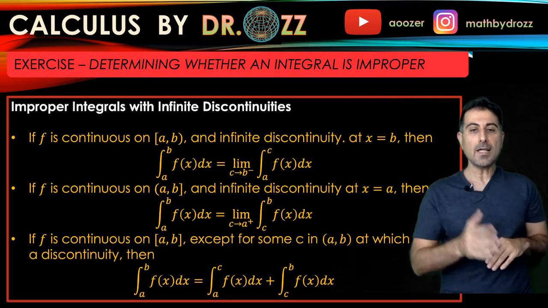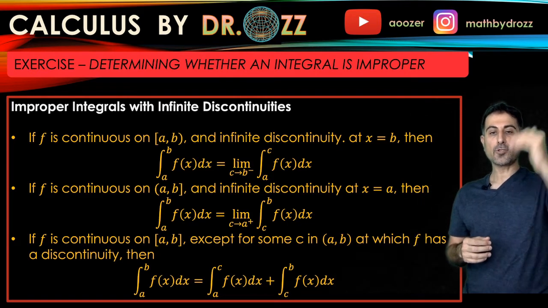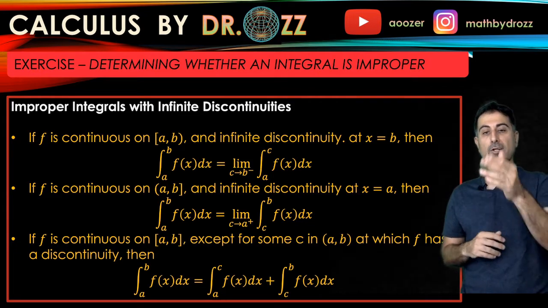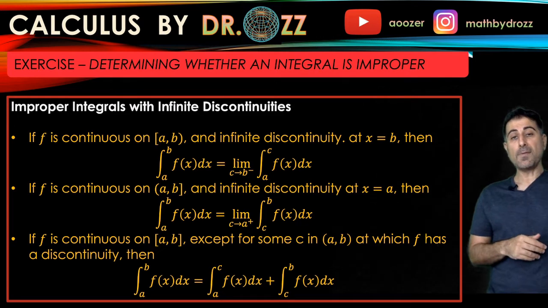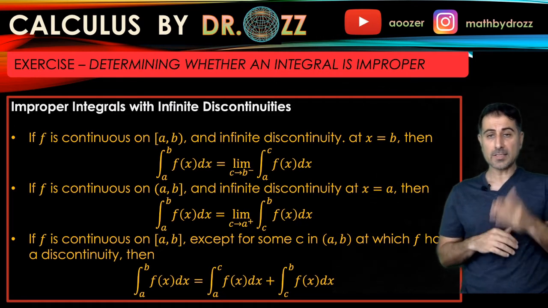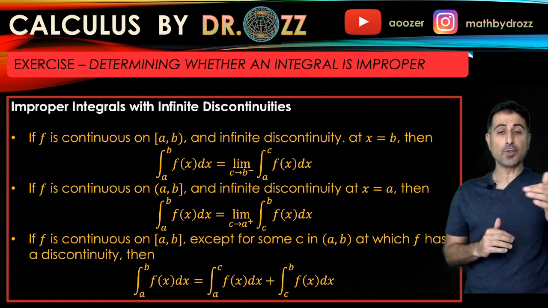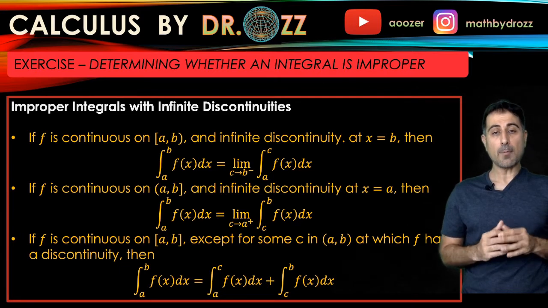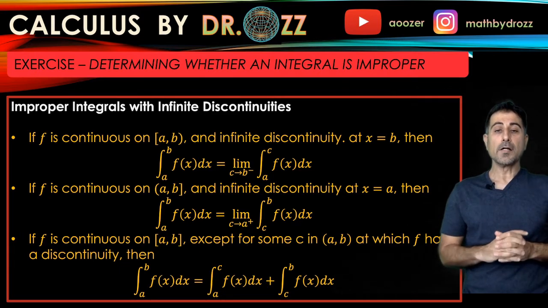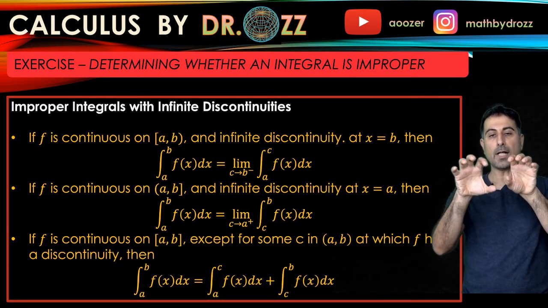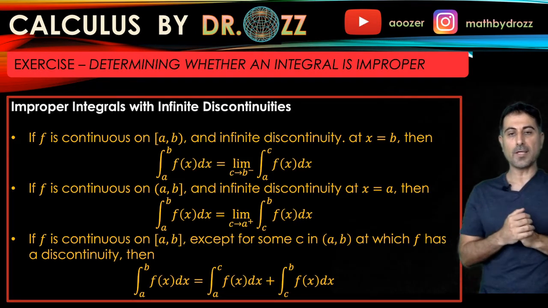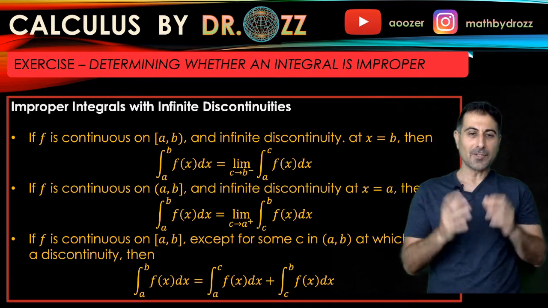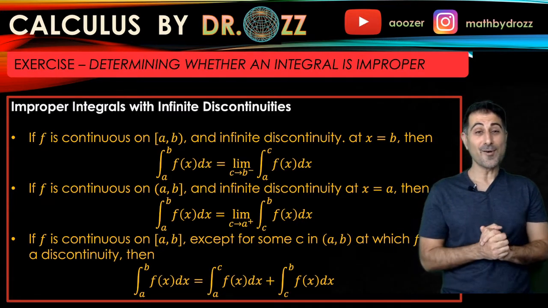The integral from a to c is the first bullet item, where you have the infinite discontinuity at the upper limit, and the integral from c to b is the second bullet item, where the lower limit has the discontinuity problem. Then you apply the techniques in the first and second bullet items to take care of each integration. All right, so this was a very long intro.